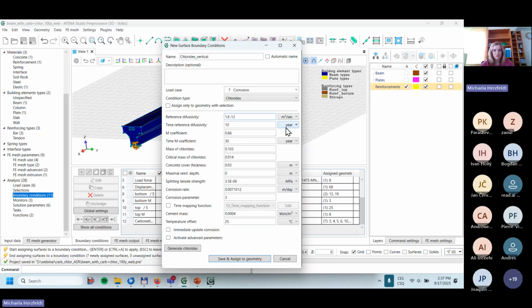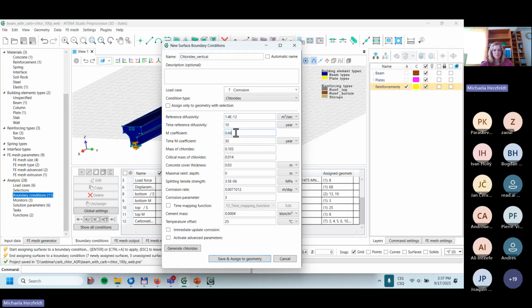So reference diffusivity, it's something that you have from measurements. You should also have some reference time, to which time frame it relates.